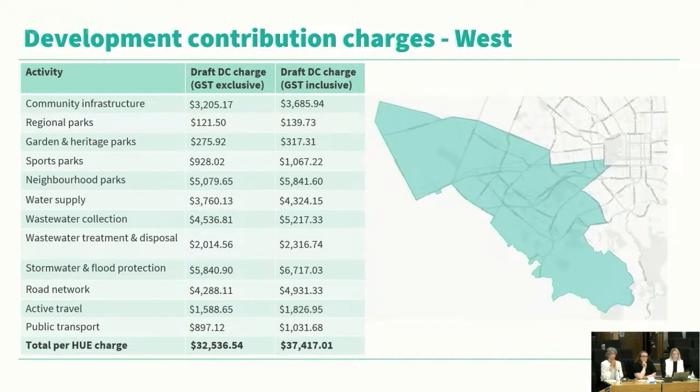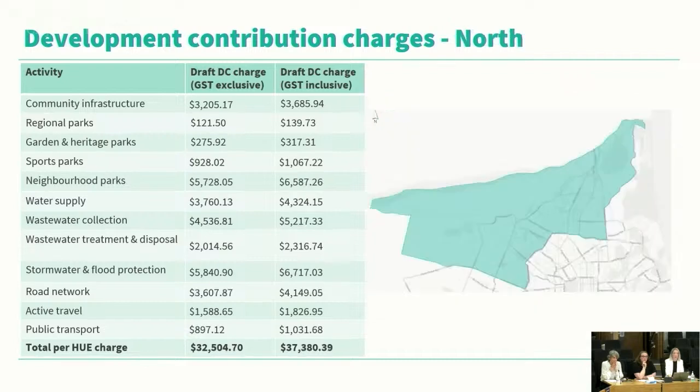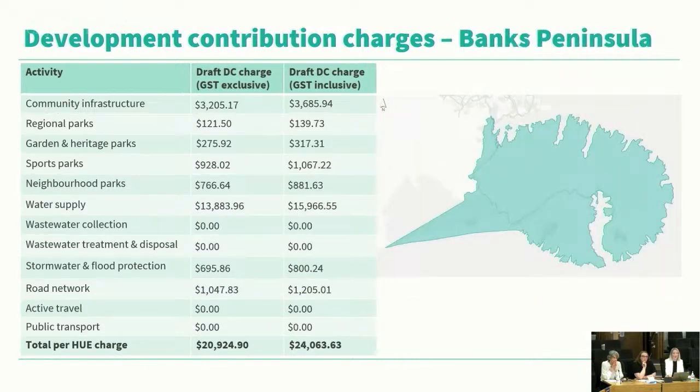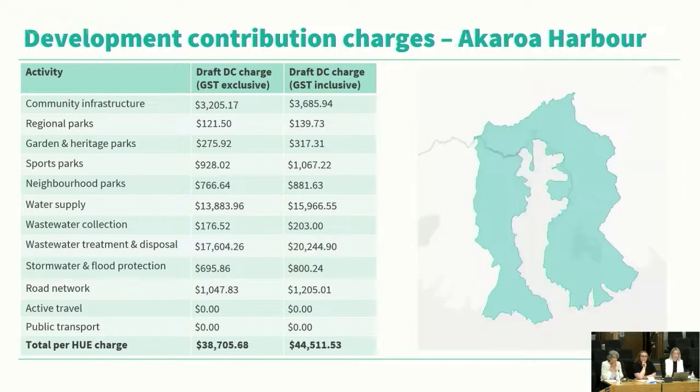In the west catchment, they are 37,000 per HUE. And in the north catchment, they are 37,000 per HUE. Banks Peninsula is 24,000 per HUE, and then Akaroa is 44,000 per HUE, and that is a separate catchment because of the wastewater treatment plant out there.